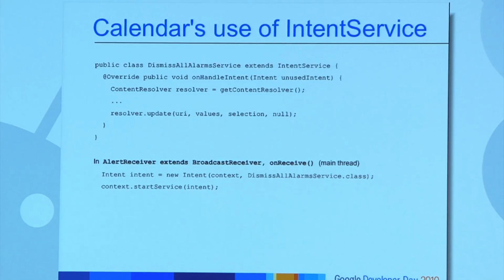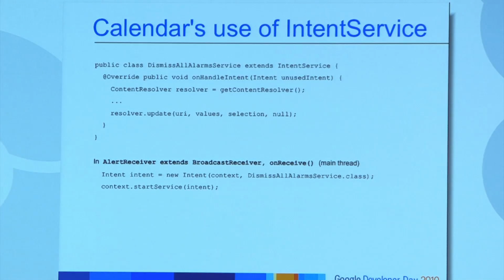So this one is from the calendar program, and I know everybody who has an Android phone knows that you get a bunch of updates in your notice bar, and you pull it down and it says, oh, you have this meeting, you have that meeting, and you press one button that dismisses all those alarms. Okay?